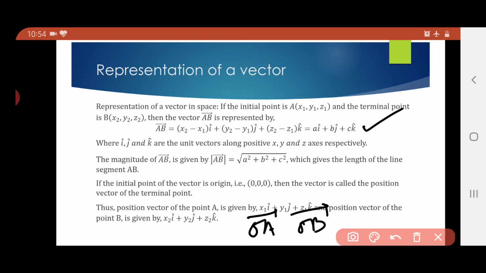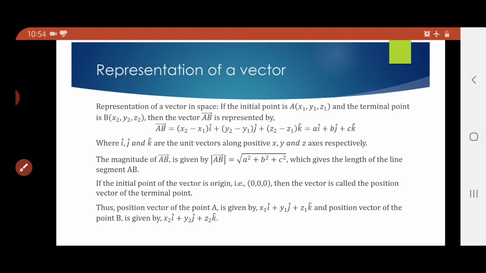So the values will be x2 minus 0, y2 minus 0 and z2 minus 0. So it becomes x2 i cap, y2 j cap and z2 k cap. Similarly for A, it will be x1 minus 0, y1 minus 0 and z1 minus 0, so it will be x1 i, y1 j and z1 k. Fine. Now to the next part.